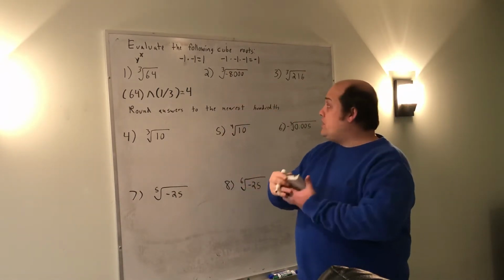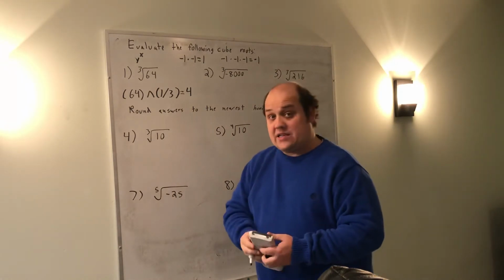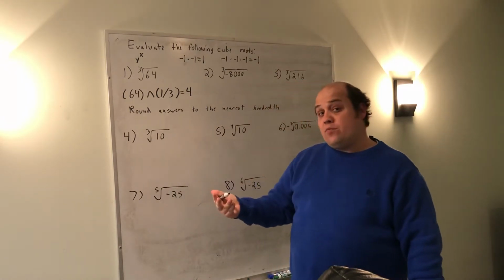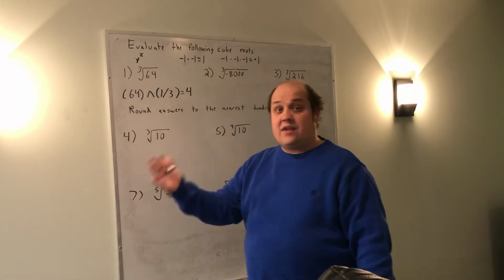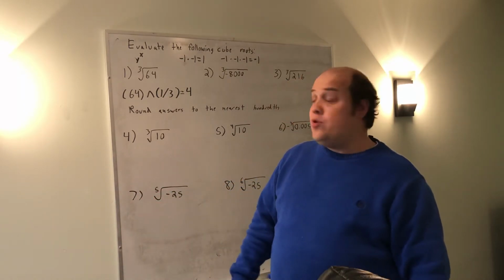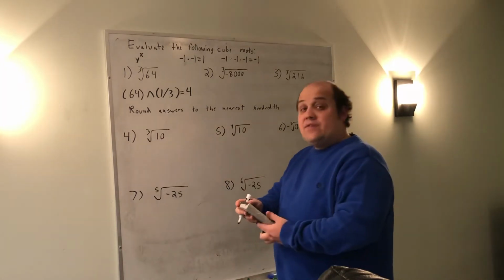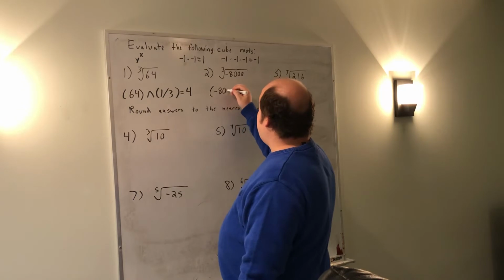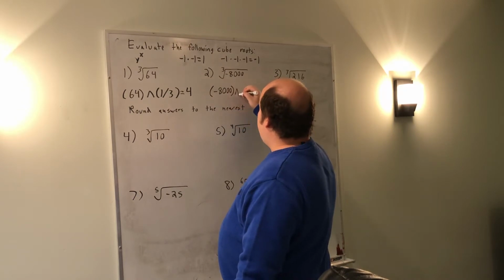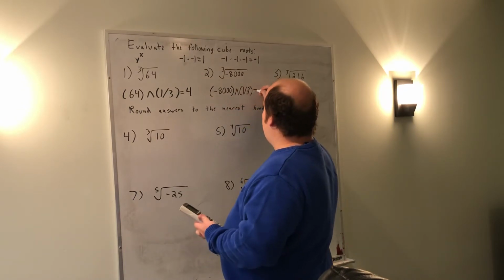So it is possible to get a negative answer under a cube root. Your calculator won't tell you error, it'll give you a correct answer. That said, if we went to 4th root, couldn't do a negative. 5th root we could, so on back and forth. If it's an even numbered root, you can't have a negative underneath it. If it's an odd numbered root, you can. So I'm putting in parentheses -8,000 to the power of 1 divided by 3.